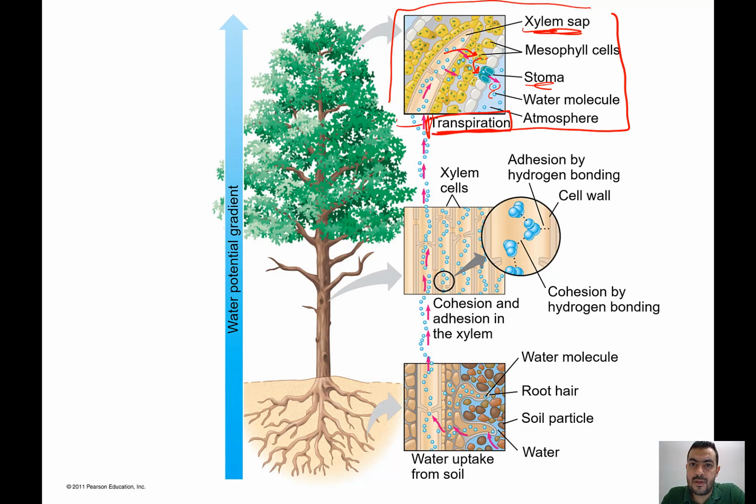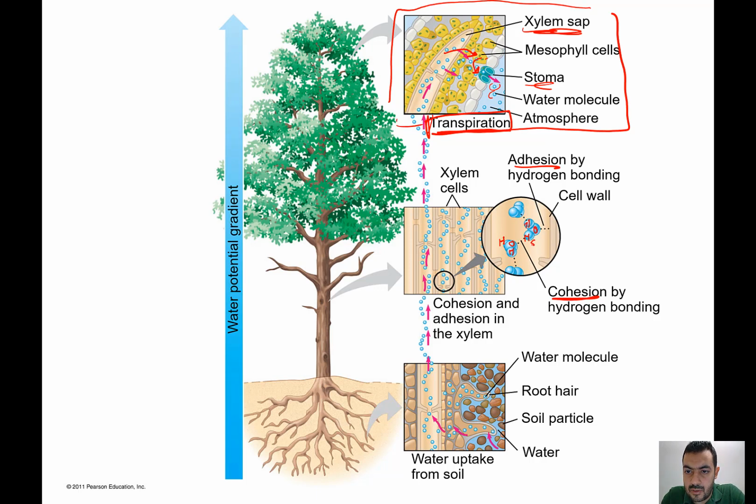So what will happen next? Inside the xylem water are moving, and we have also dissolved nutrients. So water molecules are characterized by having what we call a cohesion and adhesion. So each water molecule, this is the oxygen, this is the hydrogen, and this is the hydrogen. This is another water molecule.